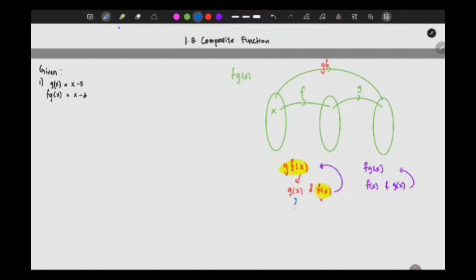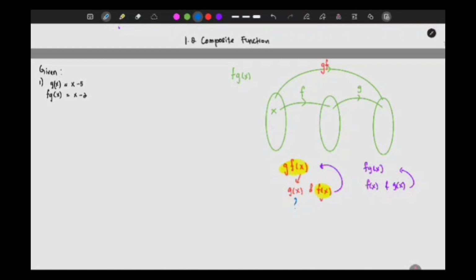And how you're going to find it is what I'm going to cover today. So in this video, I'm going to cover how to find one of the functions, either the GX or FX, if they give the main bridge connecting from one to another, either the GFX or FGX. So we're going to find the smaller bridge, which is either the GX or the FX. That's what I'm going to cover in today's video.